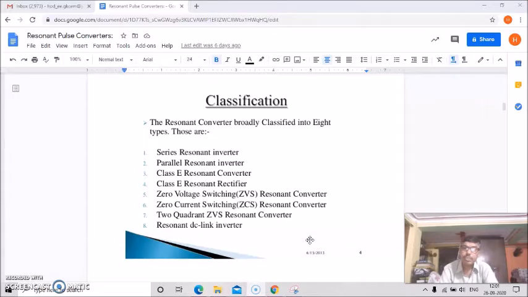So I think you got these 8 types of broad classifications of resonant pulse converters.